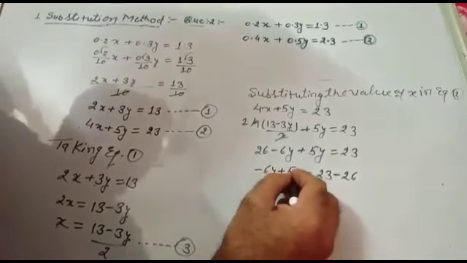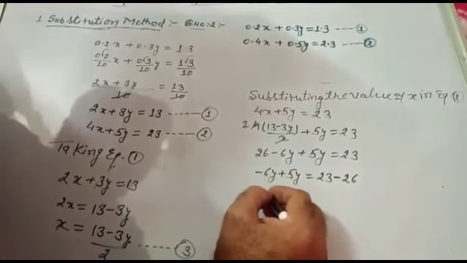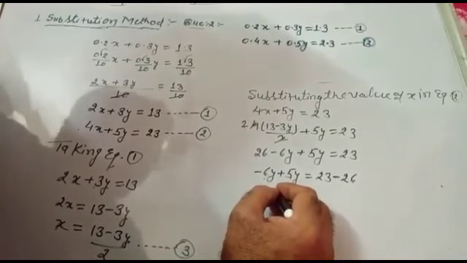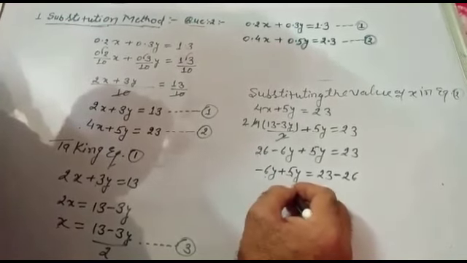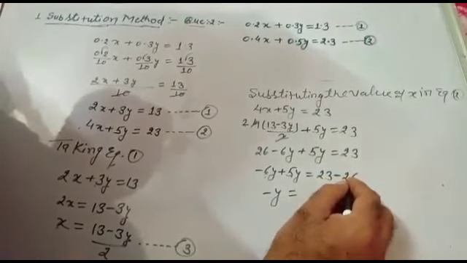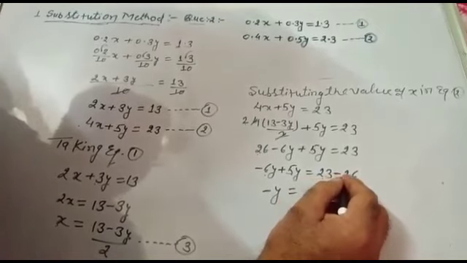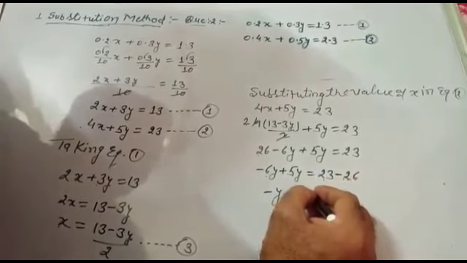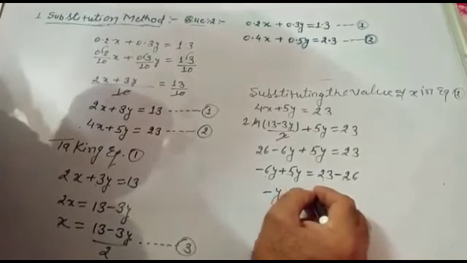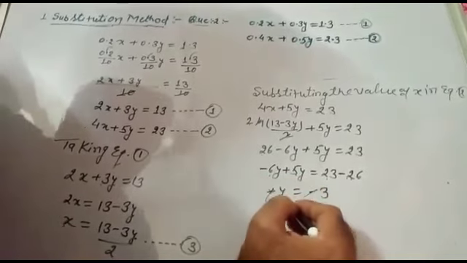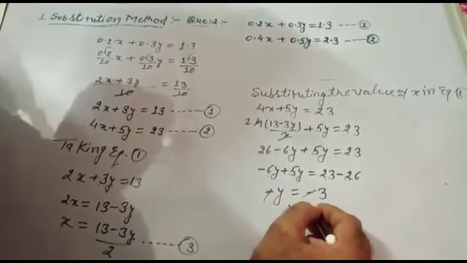The greater value is negative, minus cancelled by minus, value of y equals 3.